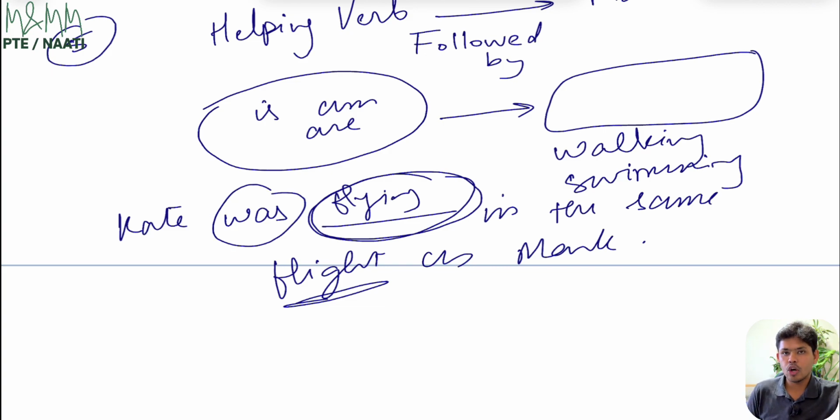Now "was" is your helping verb and "flying" is your main verb, because flying is the action here. So that's your main verb. Again, helping verb followed by main verb. The helping verb comes first, the main verb comes after that. That is the relationship between helping verb and main verb. Always keep these two things in mind.